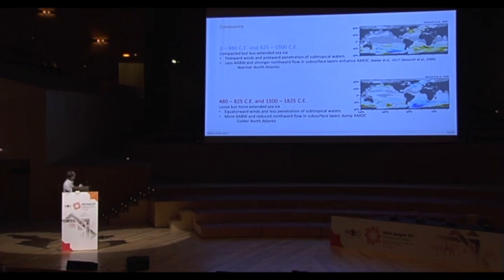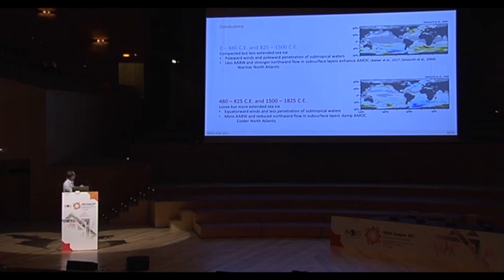This is probably due to the coupled action of polar winds and the position of the westerlies, which upwell more cold water to the south, but at the same time there is also a polar penetration of subtropical waters to the north that reduces the extent of the sea ice. This will induce less Antarctic bottom water formation to the south, but also a stronger northward flow of Antarctic intermediate waters in the subsurface layers. And these two processes will probably enhance the AMOC, and this should warm the North Atlantic.